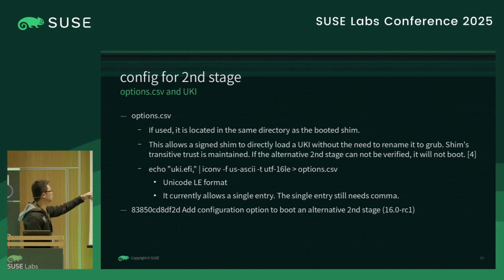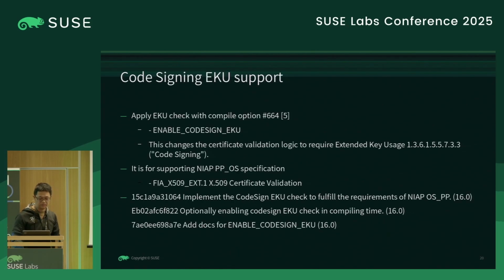But now we have one CSV file. The name is options.csv, and it uses the Unicode little endian format. So we just need to put one entry. Currently only one entry is allowed, then the Shim will load this file and find the next stage. Of course, the next stage must be signed and pass verification.